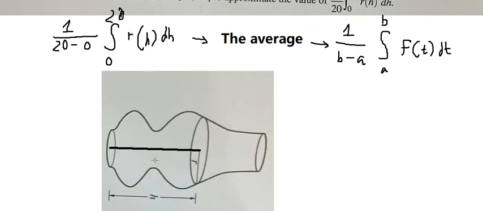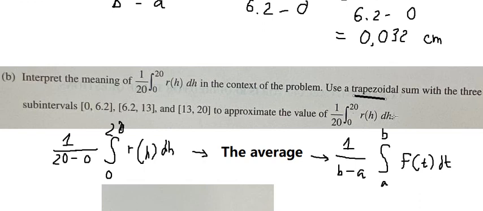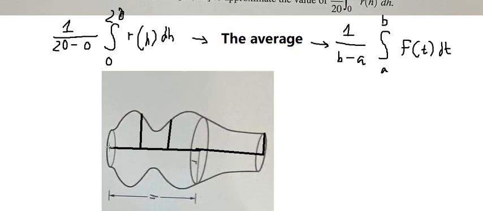For example, I choose 6.2, 13, and 20 here. The question uses trapezoids, which means from 0 here, we need to find the area of 3 trapezoids. Here are the trapezoids, and we know these are right angles. We need to find the area of this one.